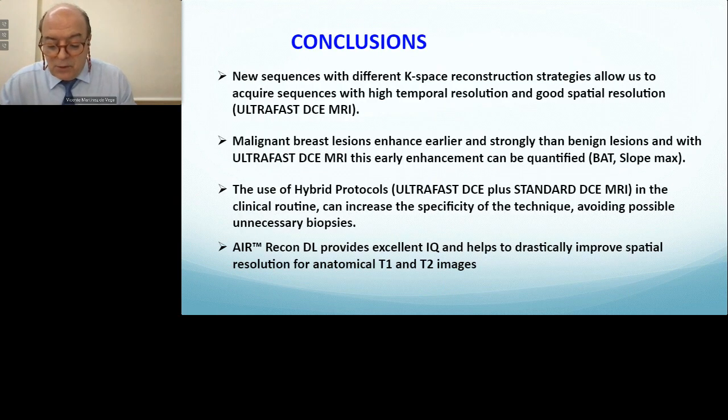As a conclusion, I want to remark that new sequences with different k-space reconstruction strategies allow us to acquire sequences with high temporal resolution and good spatial resolution, ultra-fast dynamic contrast enhanced MRI. Malignant breast lesions enhance earlier and more strongly than benign lesions, and with ultra-fast dynamic MRI, this early enhancement can be quantified.